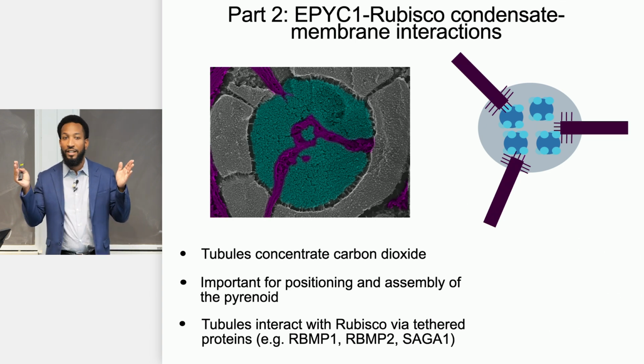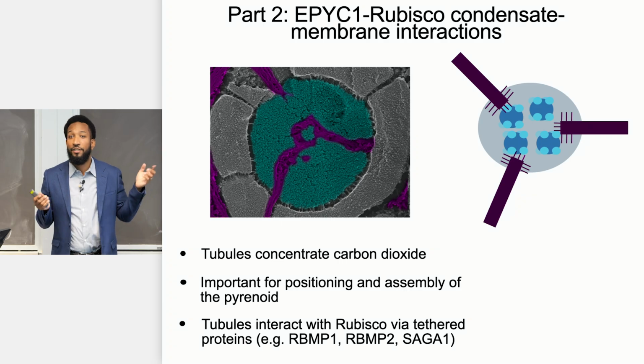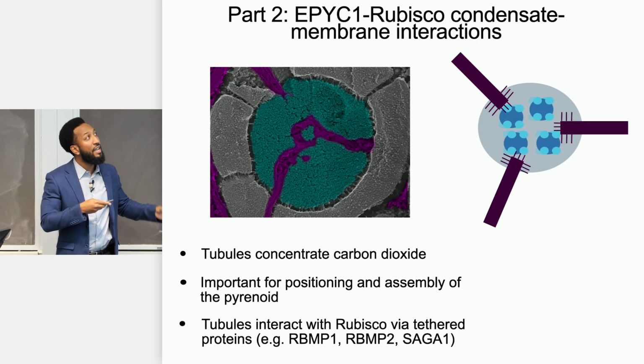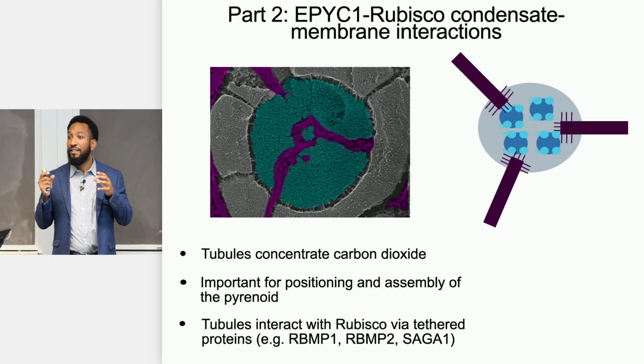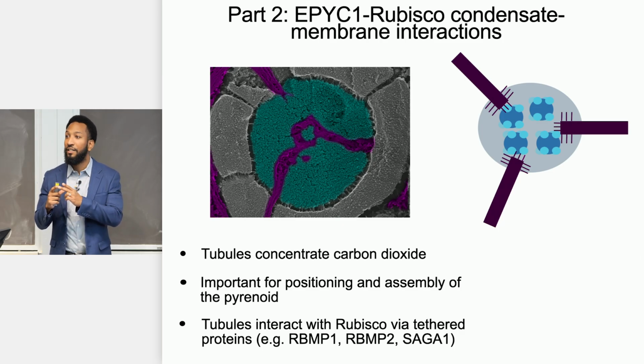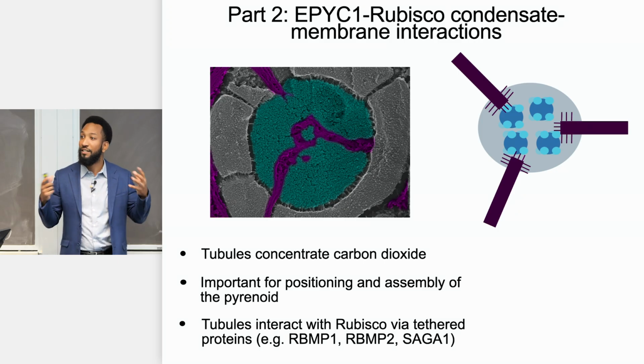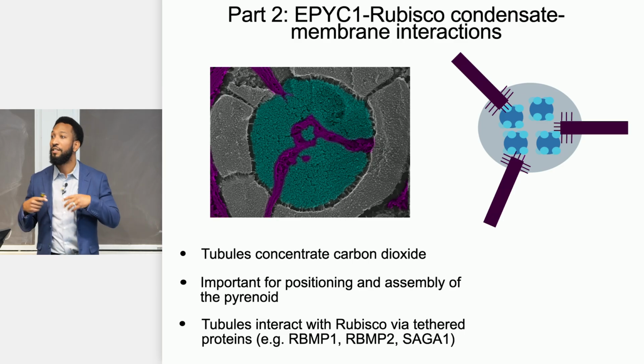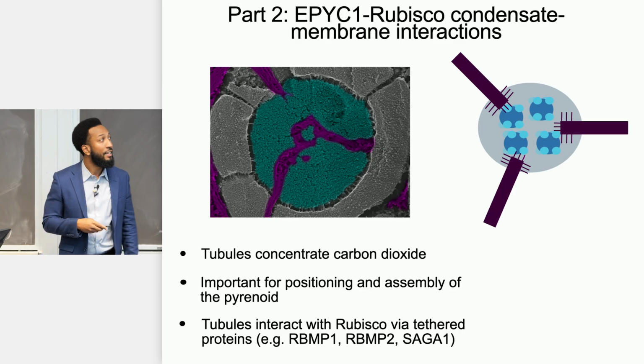For instance, algae undergo cell division, so everything breaks down, and then it has to reform into two cells. And it's always the case that there's only one pyrenoid, and it's always in the center of the chloroplast. How is that? Well, that's still an unknown question, but it's thought that these tubules traversing the pyrenoid matrix are part of that.